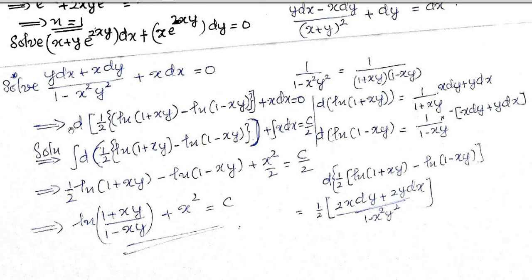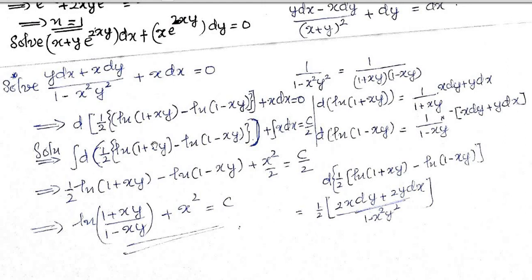So the solution is obtained by integrating this quantity. The integral of the total derivative of this expression plus the integral of x dx equals a constant, which I took as c by 2. Derivative and integral cancel, and we get half of this function.